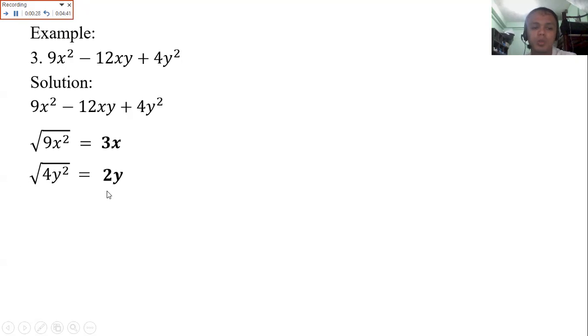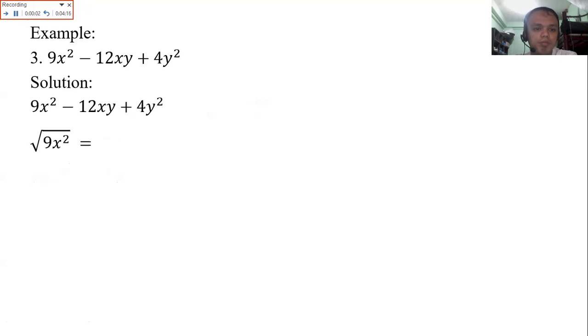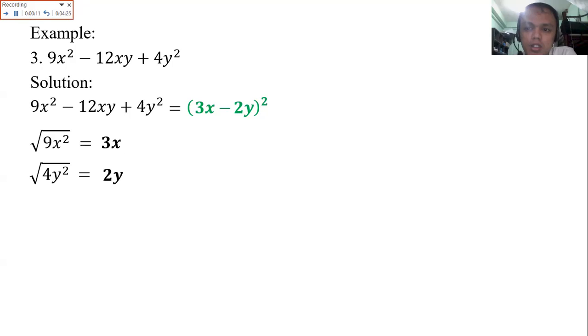As long as alam niyo yung pagkuha ng square root, madali lang to. We have 3x and 2y. Copy the sign of the second term. Ano yung sign? Minus. So copy natin yan dito, minus. Enclose natin in parenthesis, and then put 2 as an exponent. Okay.